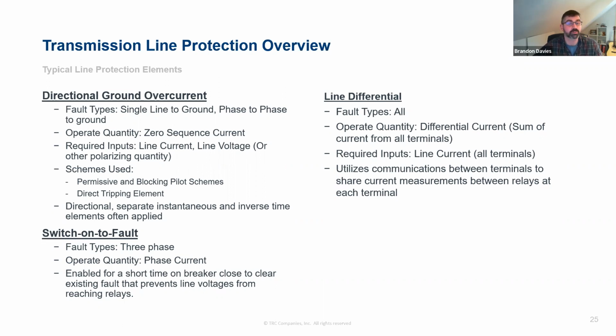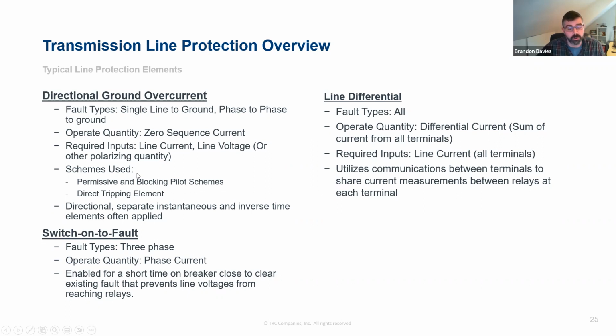So you don't have any zero sequence current to measure, or very low zero sequence current. So you don't really have to worry about your directional ground overcurrent elements operating under load, because there's almost none when there's no fault. And then when you have a fault, you've got very large quantities of zero sequence current for a ground fault.